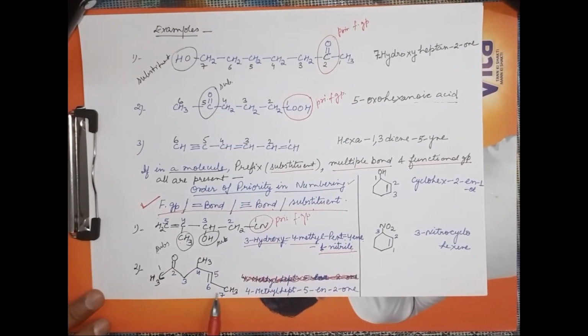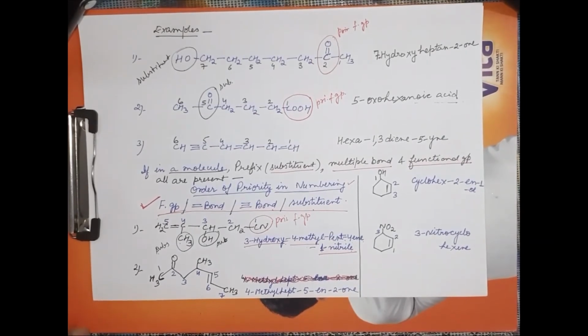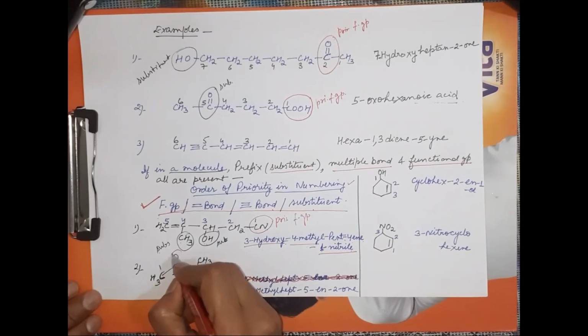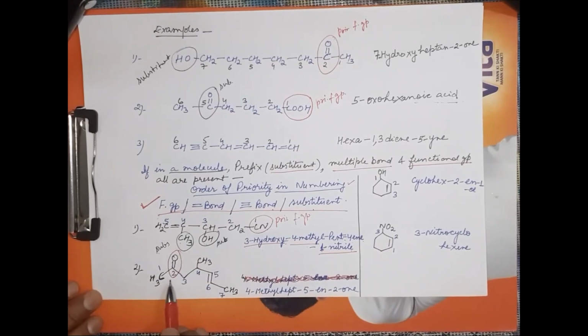Second, this example is there. It seems to be very complicated, but it is very simple also. Let's see which is the functional group. Only one functional group is there, so no problem. This is the ketonic functional group, and we have to number it like this: 1, 2, 3, 4, 5, 6, 7. This methyl group is present as the substituent.